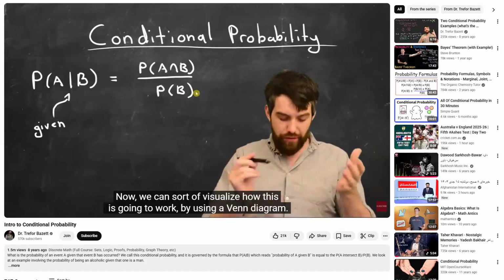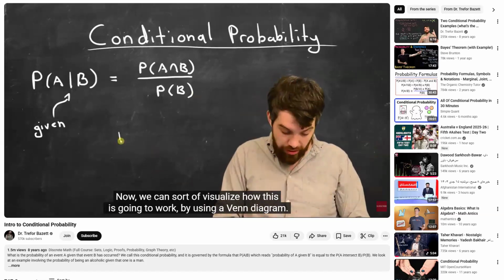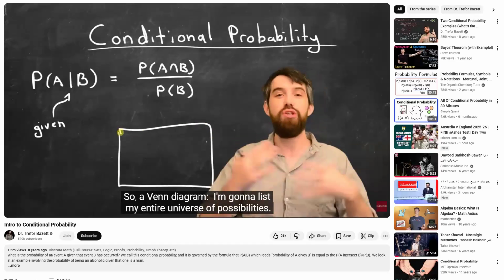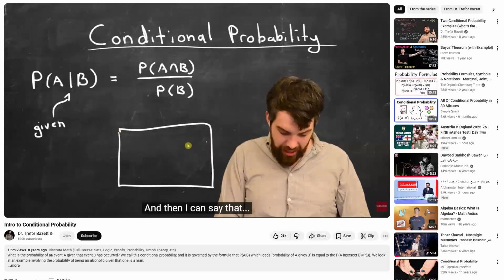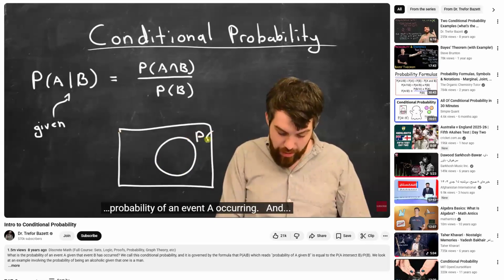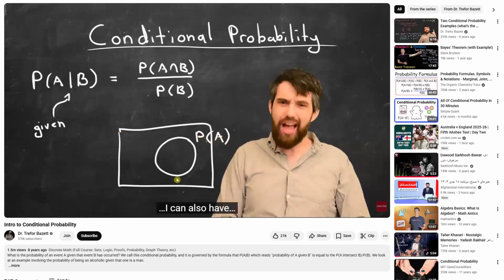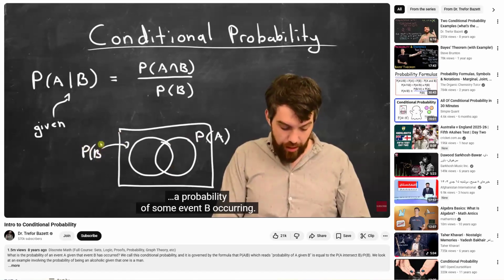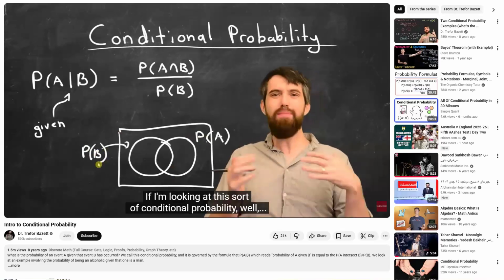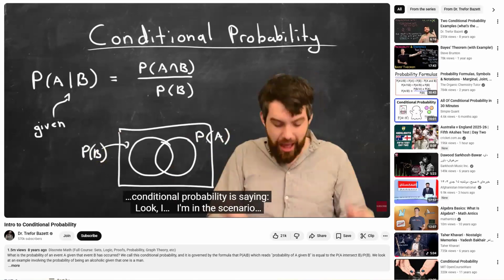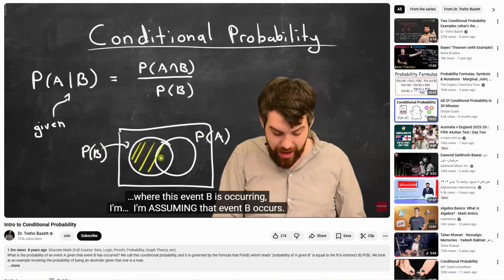Now, we can visualize how this is going to work by using a Venn diagram. In a Venn diagram, I list my entire universe of possibilities. Within my entire universe, I can have some probability of an event A occurring, and I could also have a probability of some event B occurring. Conditional probability is saying, I'm in the scenario where event B is occurring.